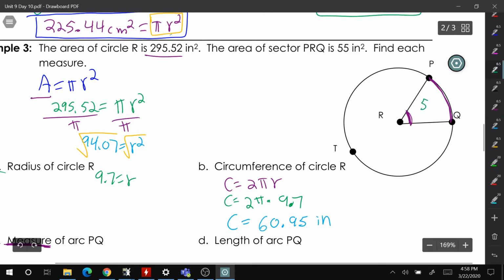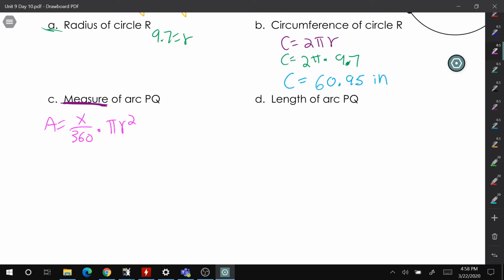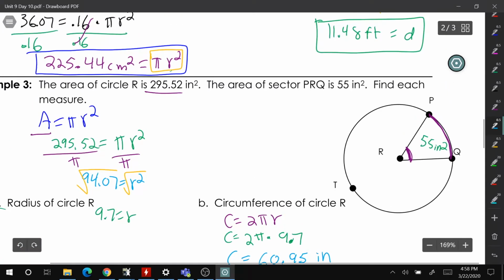And we know this area is 55 square inches, so we can use the sector area formula: area equals x over 360 times pi r squared, in order to find x, because we know that the area of the sector is 55.